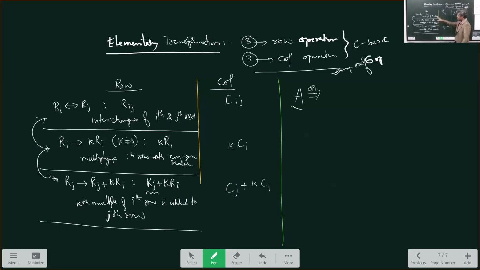We don't know. Any one of the six operations. Then this results in a new matrix. Please remember, I'm saying that 1, 2, 3, 4, I have applied R1 and R2 interchanged. So it becomes 3, 4, 1, 2. Now can you say that these two are the same? No, they are not the same.